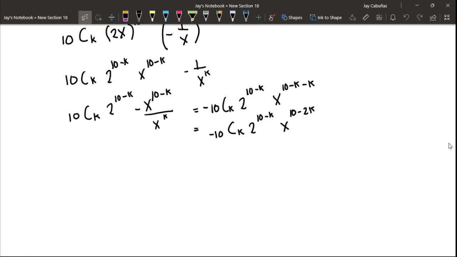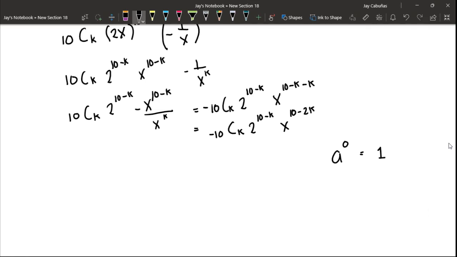How are we going to eliminate x? Now take note, if you have a zero exponent on any number, that would give us equal to 1. For example, if you have a raised to 0, this will always give us a value of 1. So therefore, in order to eliminate x, we have to convert x to 1.